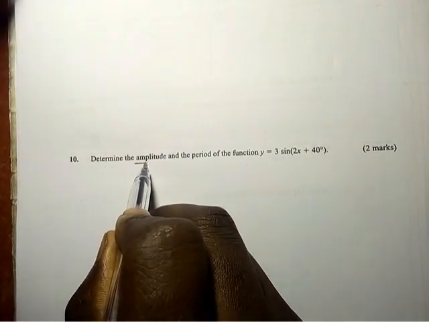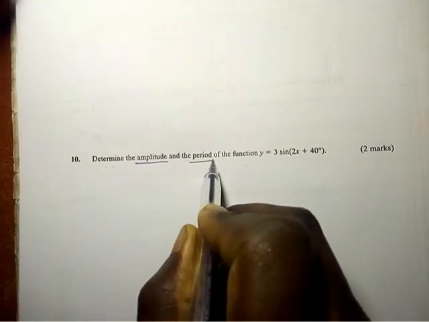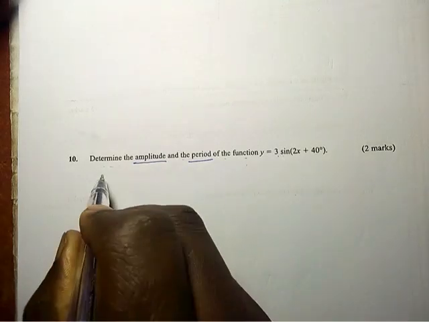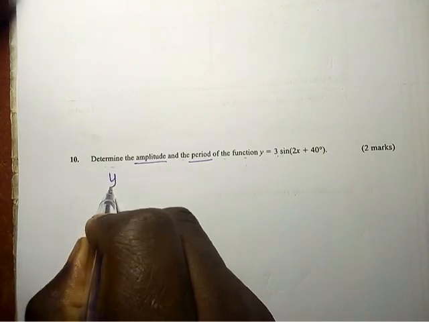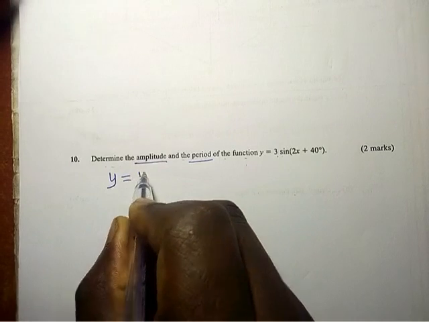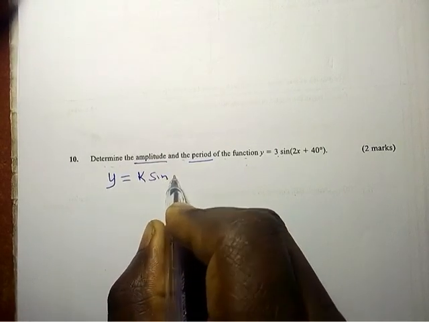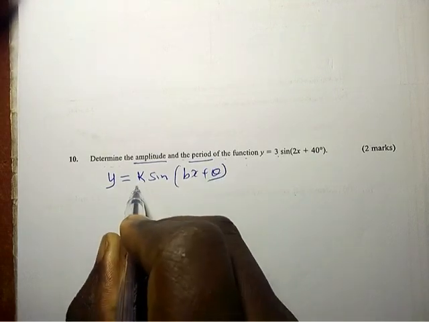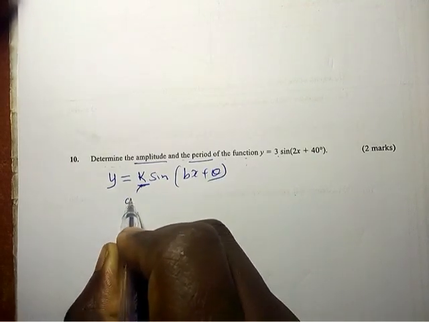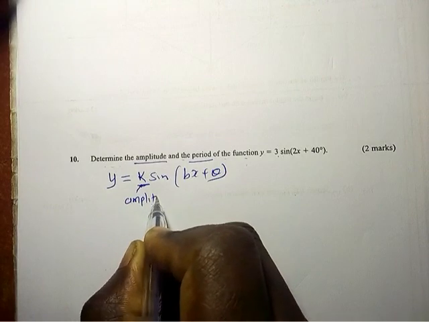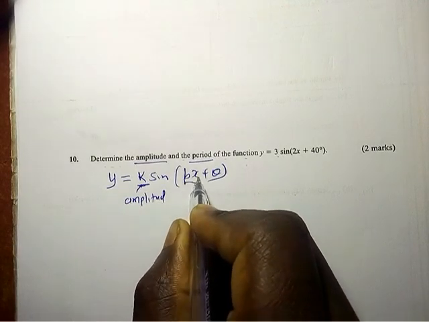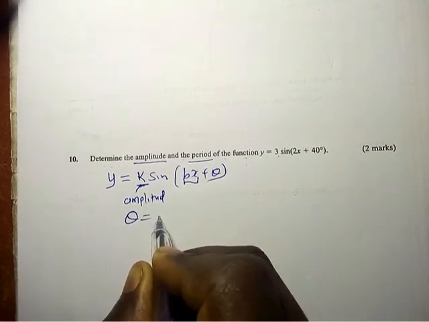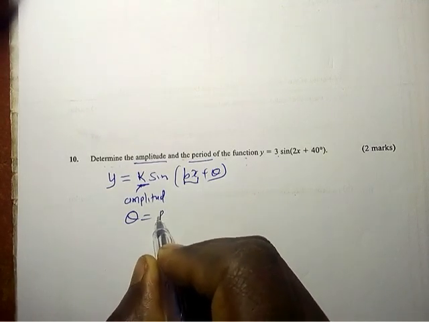Determine the amplitude and the period of the function y equal to 3 sin this. So generally when we have a function of this nature, y is equal to k sin bx plus theta, k is the amplitude, bx, first theta is the phase angle.